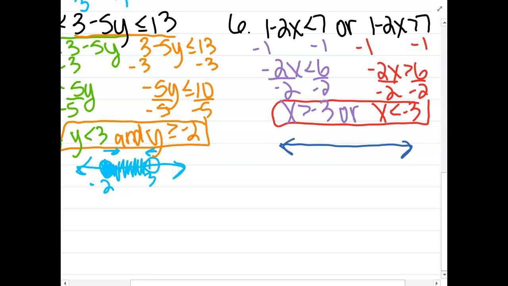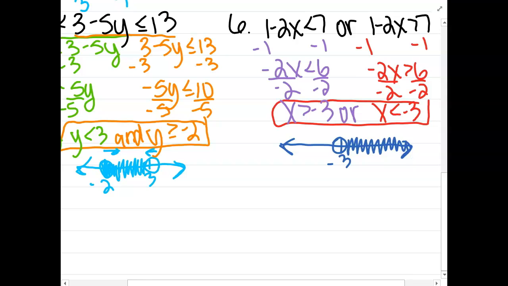Central or Tyler. All of Central, all of Tyler, okay? This one's different because both of them are at negative 3. What kind of dot will it have at negative 3? Open dots, okay?